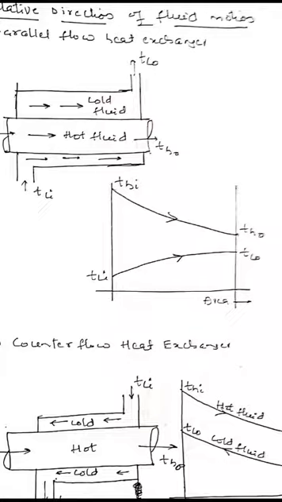Tci and Tco are the inlet and outlet temperature of cold fluid. Thi minus Tci is equal to theta i, the temperature difference at the inlet. Tho minus Tco is the temperature difference at the outlet. We see that the temperature difference goes on decreasing from inlet to outlet in the case of a parallel flow heat exchanger.